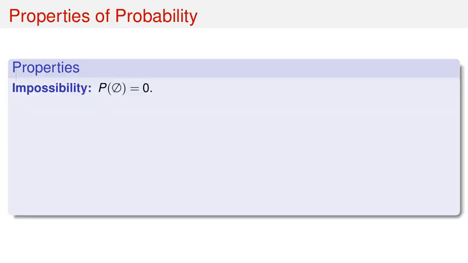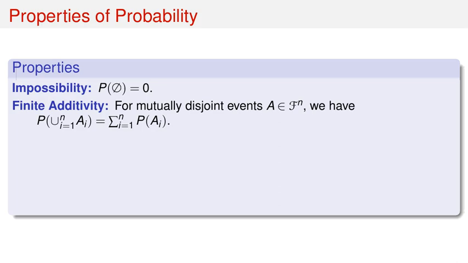Let's explore some properties that arise from these axioms of probability. First, impossibility. The probability of the empty set, P of empty set, is 0. Second, finite additivity. For any finite collection of mutually disjoint events in script F, A_1 through A_n, the probability of their union, P of the union from i equals 1 to n of A_i, is equal to the sum from i equals 1 to n of P(A_i).